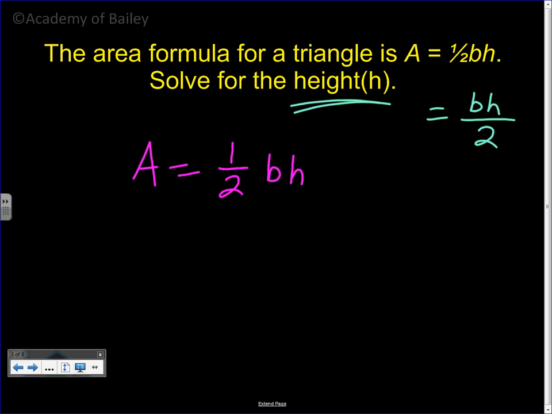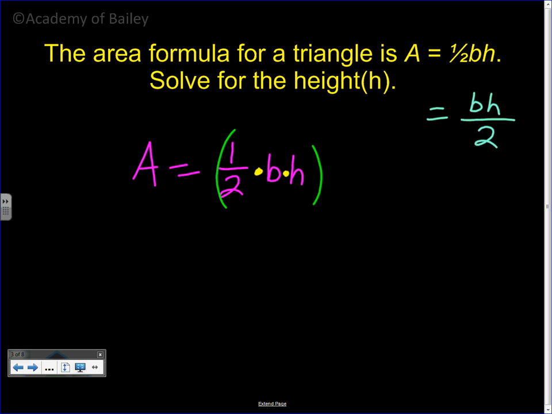Well, we need to get h by itself, and h is on the right side of the equation. So how do we get h by itself? Well, we know that we are multiplying h by 1/2 and by b, or the base. First off, how do we get rid of multiplying by 1/2?